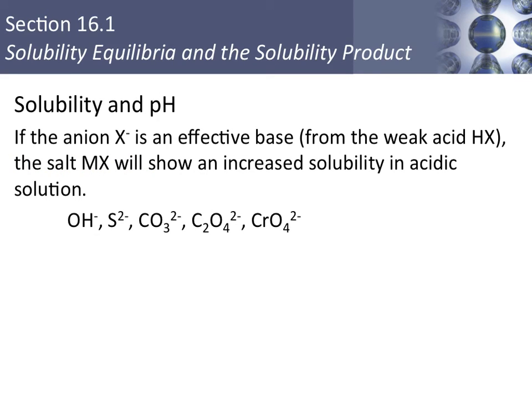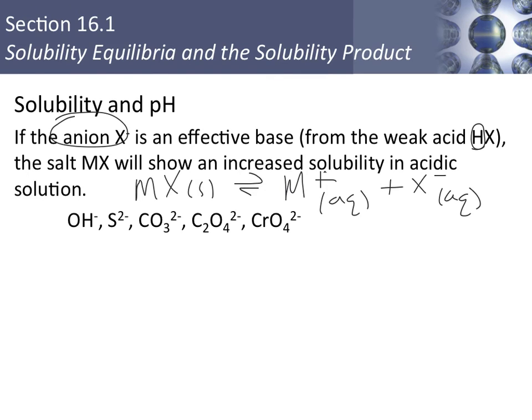And finally, let's talk about the effect of solubility with pH. If the anion in your salt, we're going to call that X minus, is an effective base, meaning it came from a weak acid, HX, so there's your acidic hydrogen there. The salt that's made of X, so we're going to call this MX, is going to show an increased solubility in acidic solution.